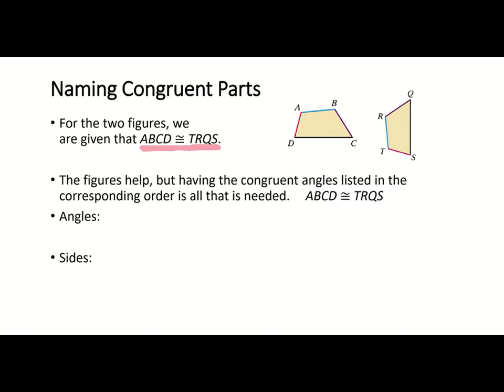So with A, B, C, D and TRQS in the same order, I can tell that angle A corresponds to angle T. So angle A is congruent to angle T. I also know that angle B is congruent to angle R. If you look, you have a blue and I think a purple side, and then a blue and a purple side there, so you can see it in the picture too.